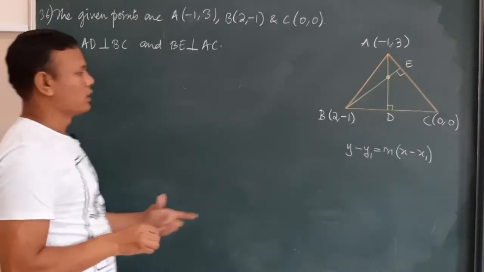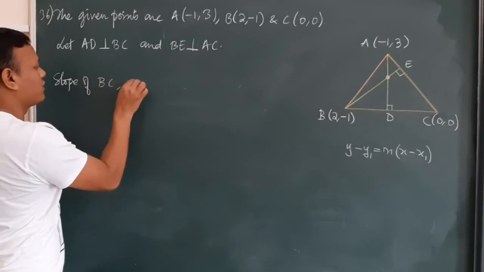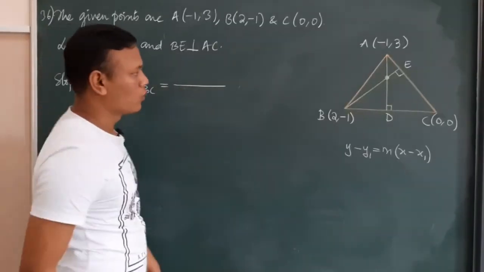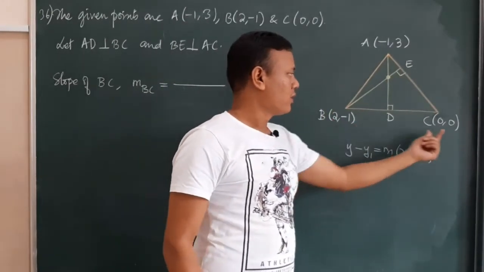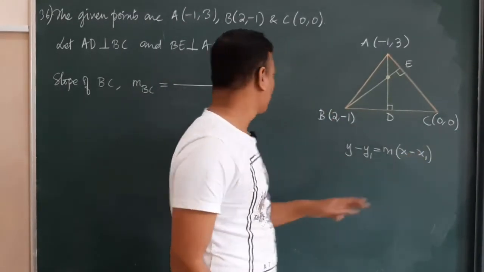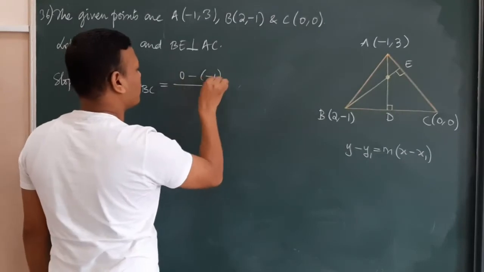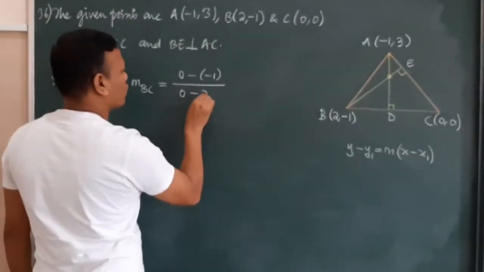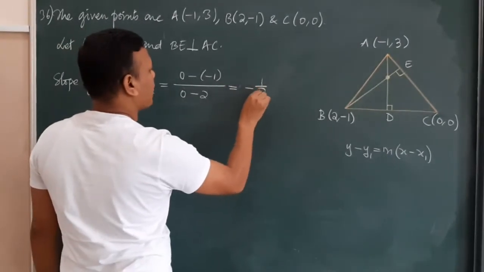Slope of BC, let me write this as m of BC. The formula says y2 minus y1 divided by x2 minus x1, calling this x1, y1 and this x2, y2. That is 0 minus (-1) divided by 0 minus 2, and this turns out to be exactly minus half.